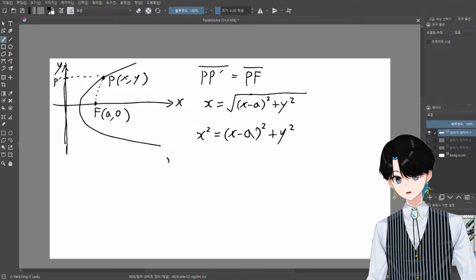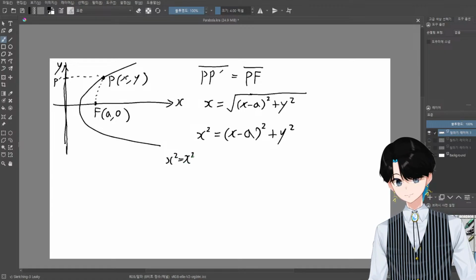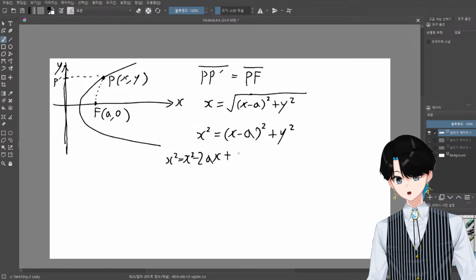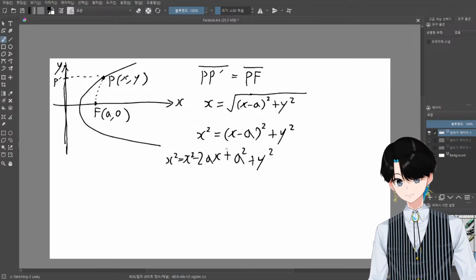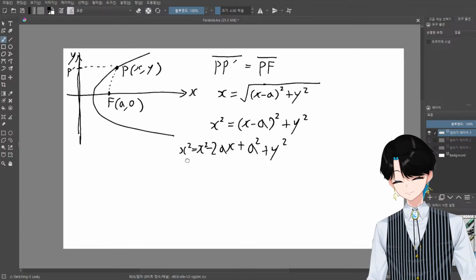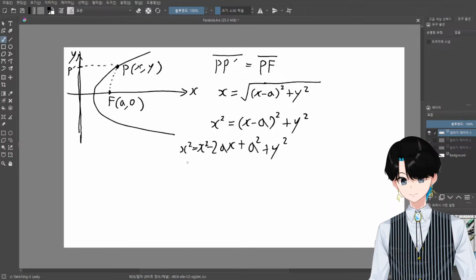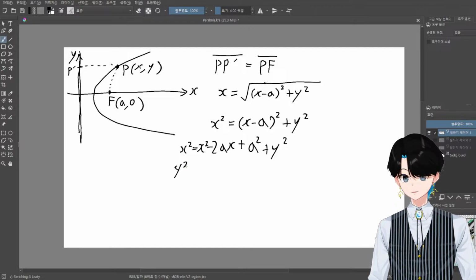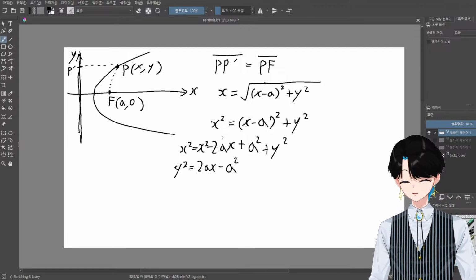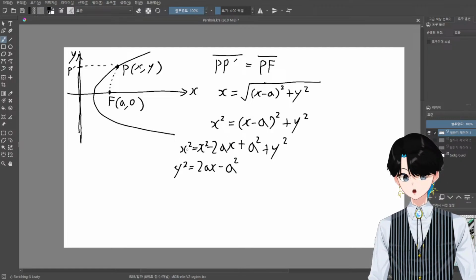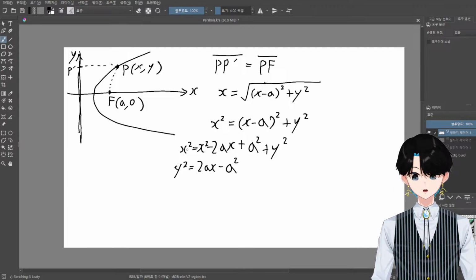And x squared equals x squared plus a squared plus y squared, which will conclude to y squared equals 2ax minus a squared.